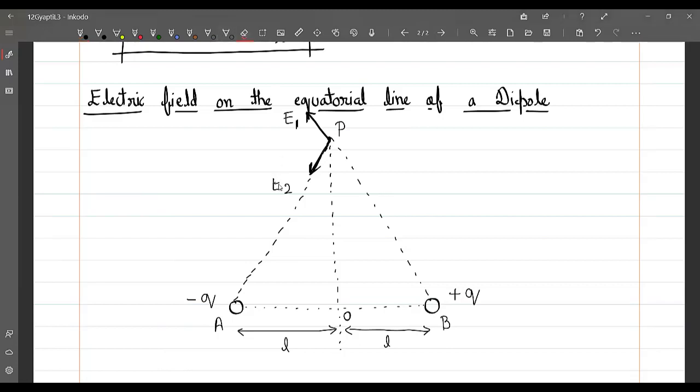Step by step, we'll write the electric field due to E1 and E2. Pay close attention. So this is E1, this is E2.